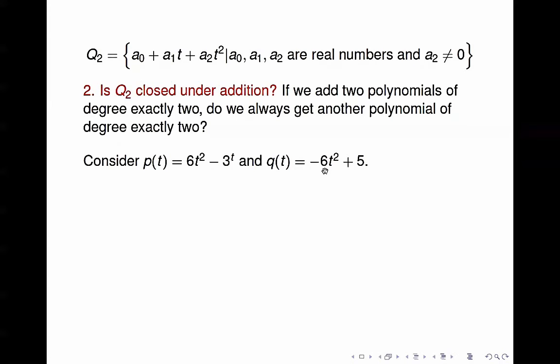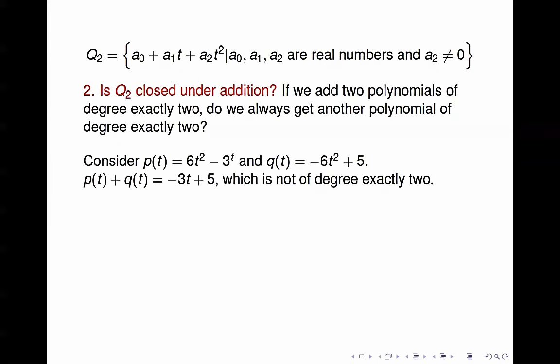So we've got two polynomials here of degree exactly 2. When we add them together, what happens? The t squared terms go away. We're left with negative 3t plus 5, and that is not of degree exactly 2. So Q sub 2 is not closed under addition.